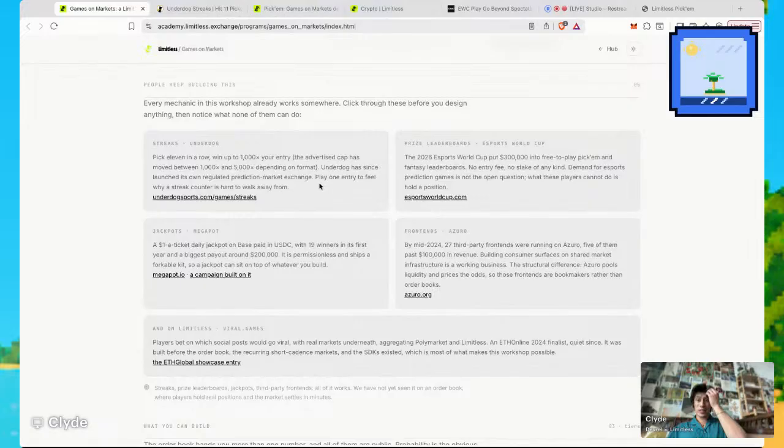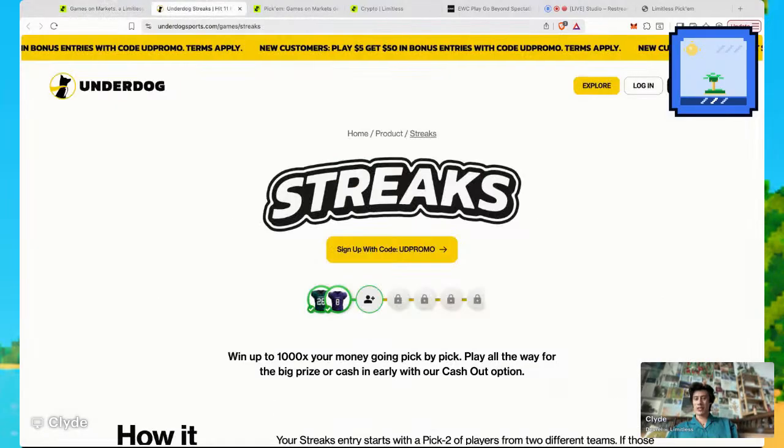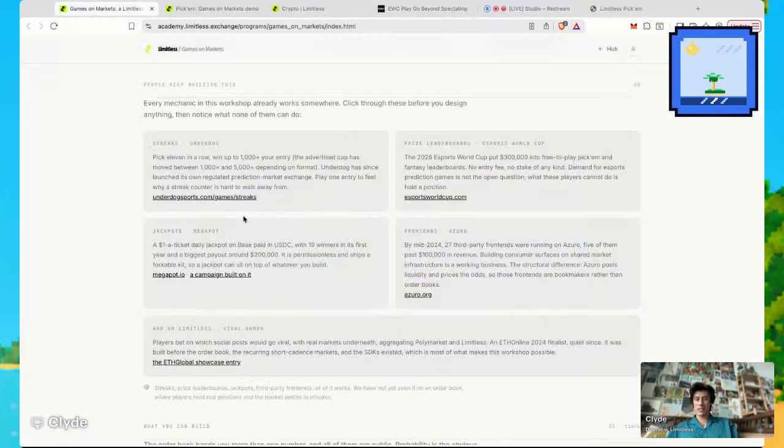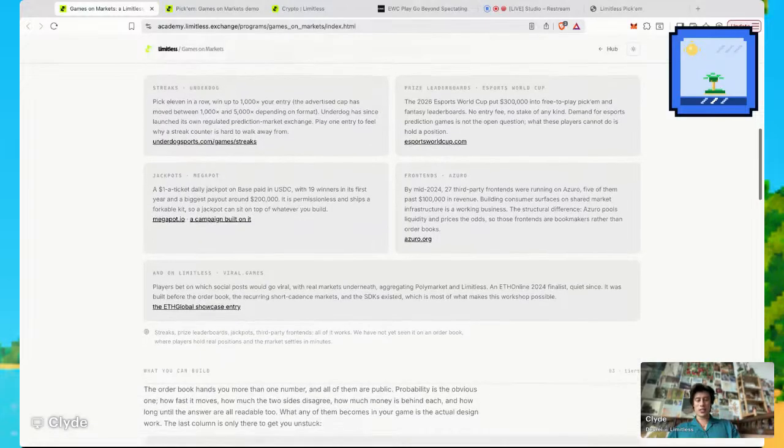It's a similar pick'em style game where your wins can compound, and streak counters are pretty fun in this regard. This is a common direction people take things. Obviously, there's a jackpot model where you can have different sorts of prize pools. That's not really how we work at Limitless necessarily, but I wanted to show you how other people are gamifying some of these prediction models.